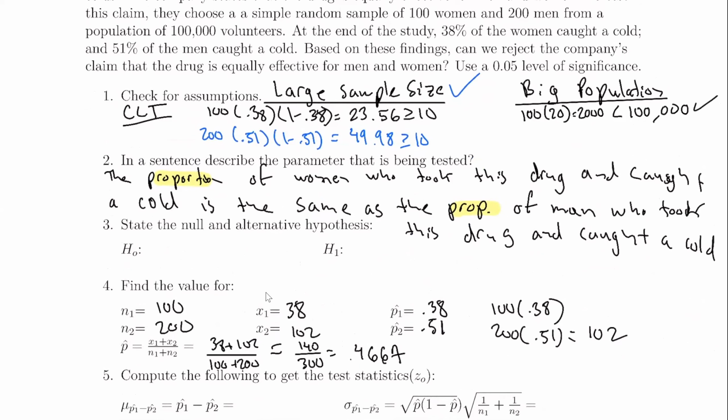For the men, we'll do 200 times 20, which is 4,000. And if you look at 4,000, it is definitely smaller than 100,000. So we do have a big population. So we say this is approximately normal, and that's it to check the assumption. Any question in regard to how we check those assumptions?